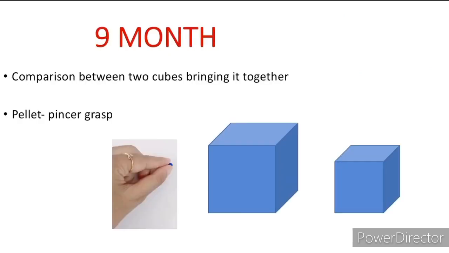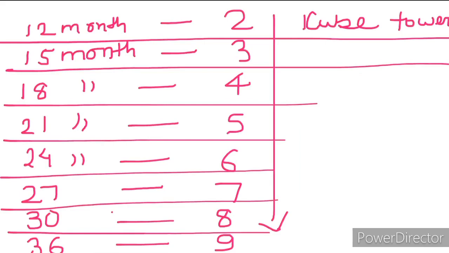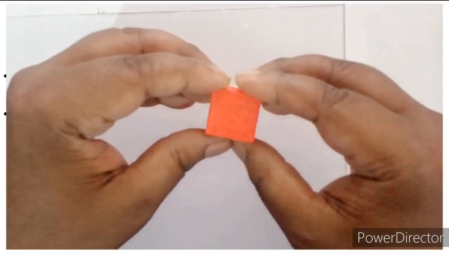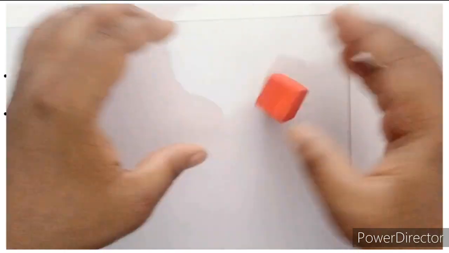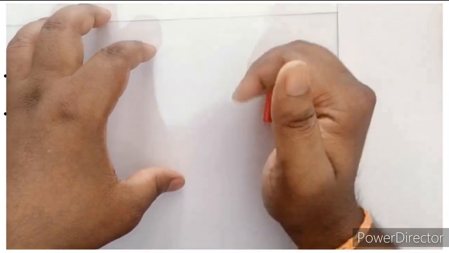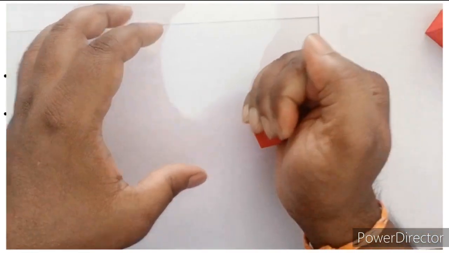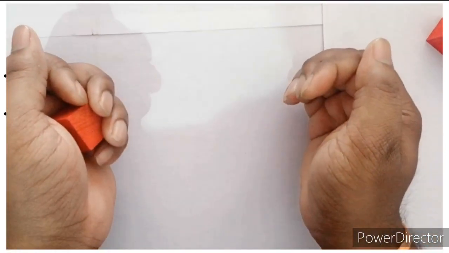In 9 months, the baby brings 2 cubes together and compares them. And in 9 months, there is mature pincer grasp. You can easily understand through this video how the baby approaches bidextrous in the 5th month, then unidextrous in the 6th month and transfers the cube in the 6th month.